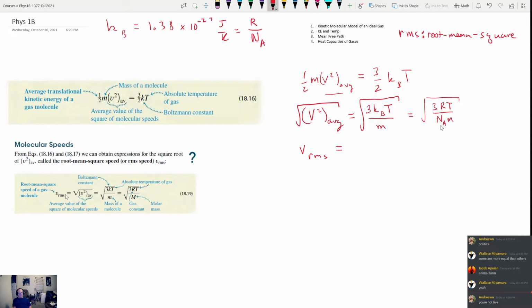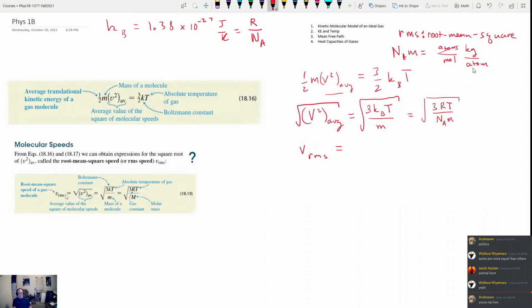If you think about what this represents, N_A times m: Avogadro's number represents the number of atoms per mole, and the mass in this case is the mass of a molecule, so kilograms per atom or per molecule.